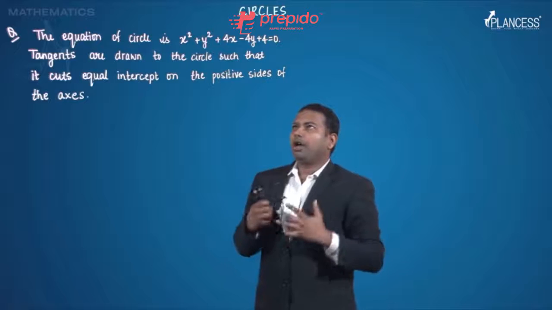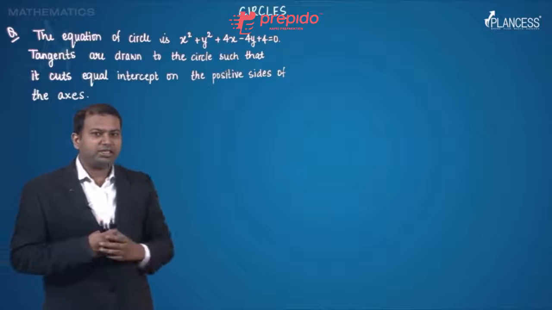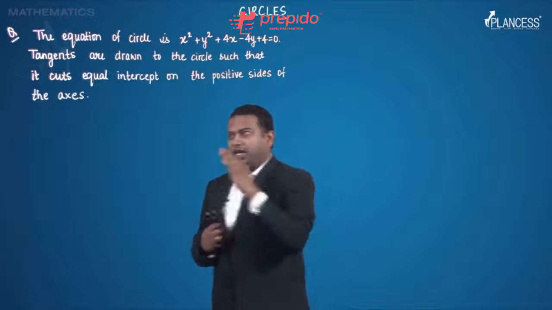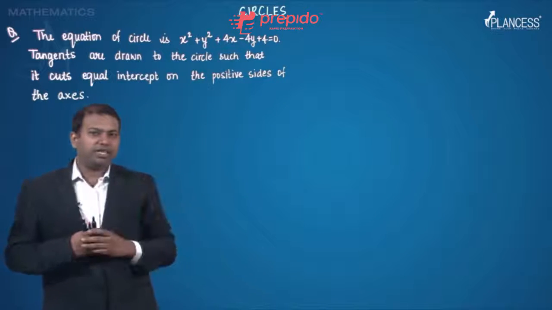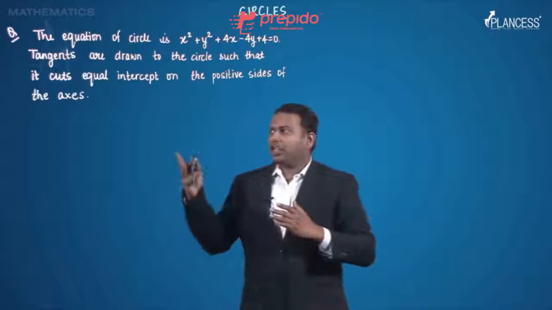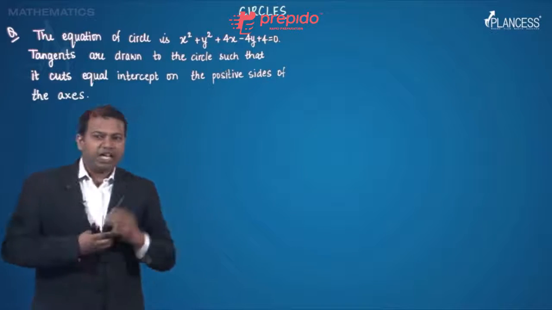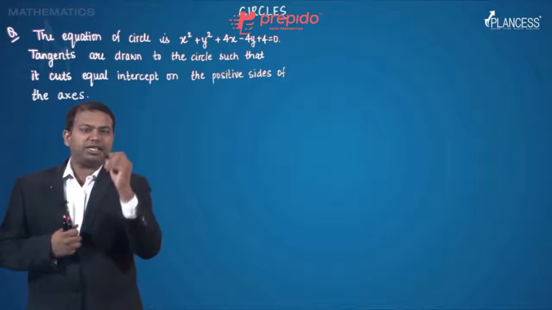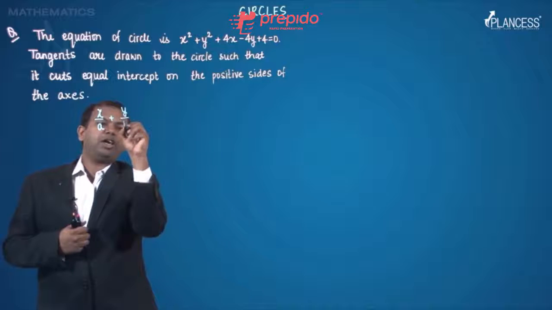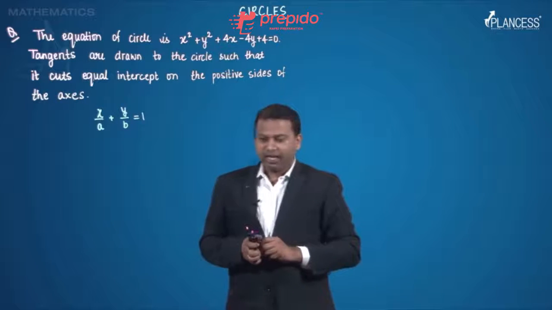So one approach could be from the condition of tangency, that the distance of the line from the center should be equal to the radius. If we put that condition, we will get the equation of the tangent. Now here there is another condition given to us, that the length of intercepts on both the axes are equal, which means if we consider the equation of line in the intercept form, remember it is of the form x by a plus y by b equal to 1, where a is the x intercept and b is the y intercept.